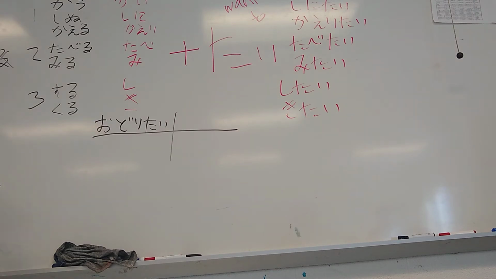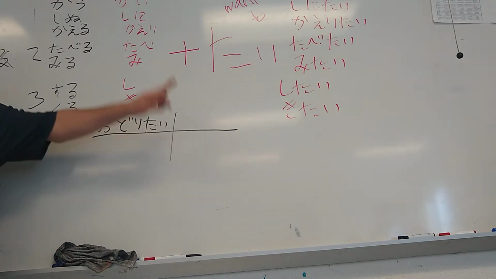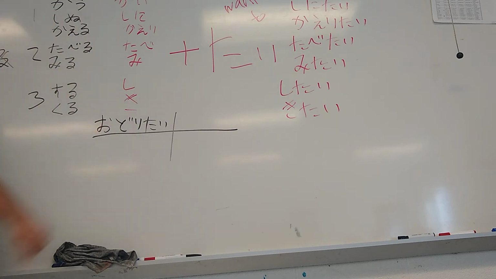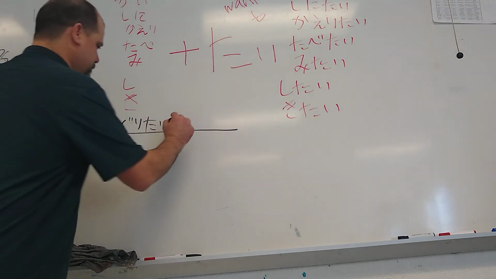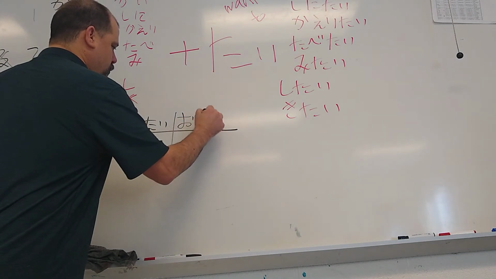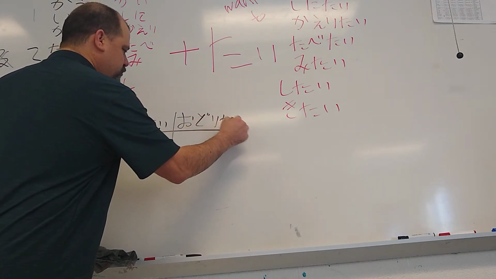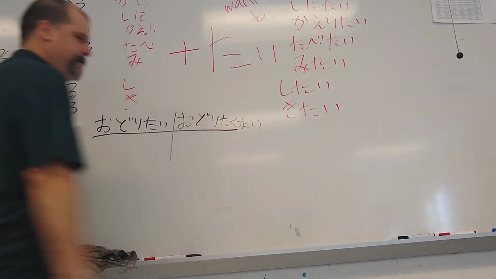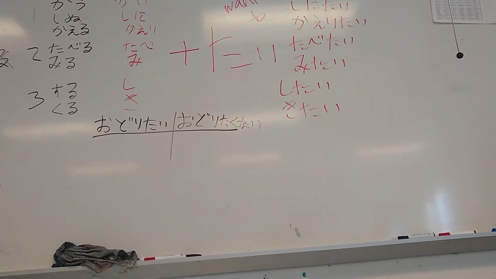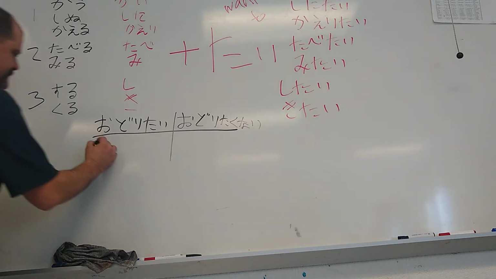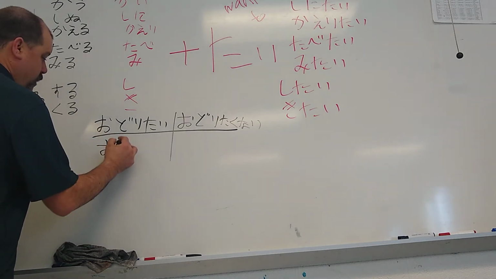Now we're going to take this i, and you're going to see that this is conjugatable. It almost always works like this in Japanese. So odoritai, I want to dance. Odoritakunai, I don't want to dance. Okay, I danced, or I wanted to dance.